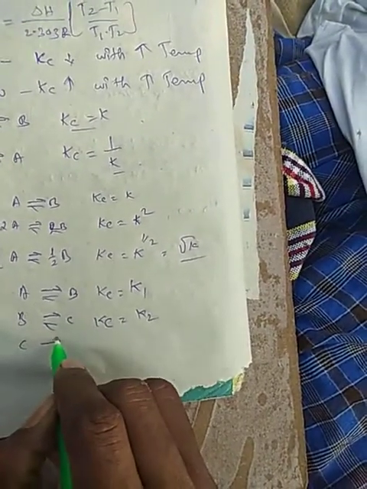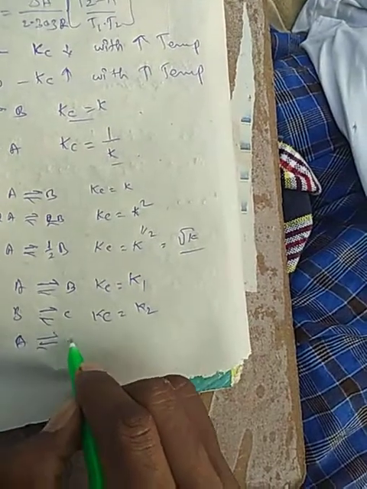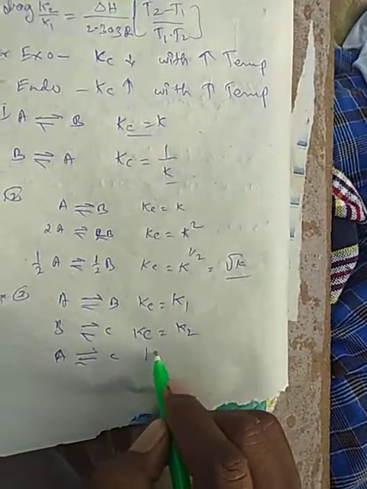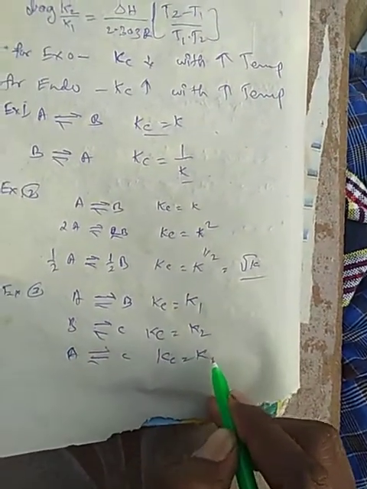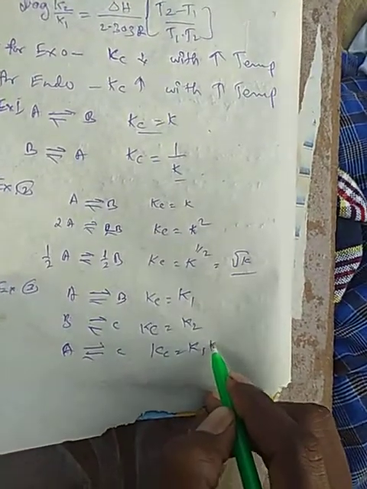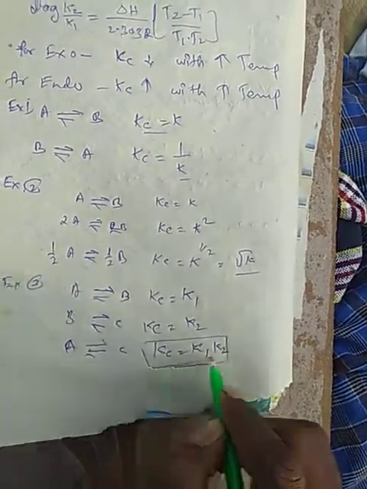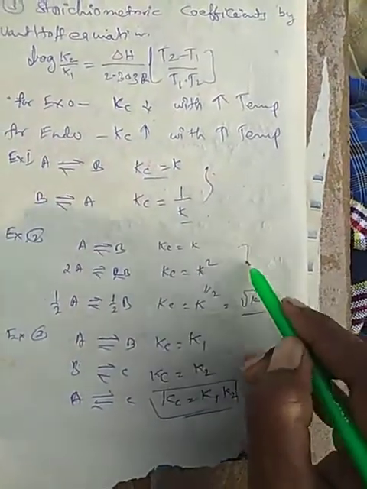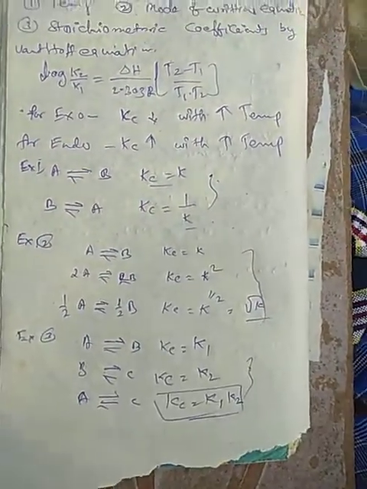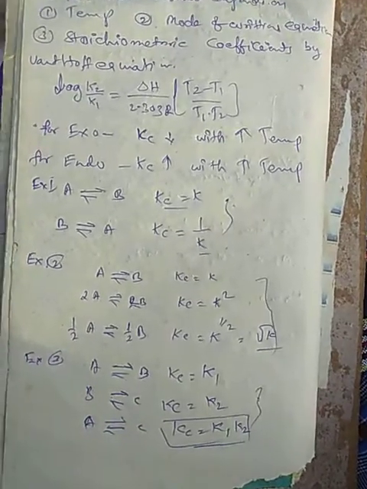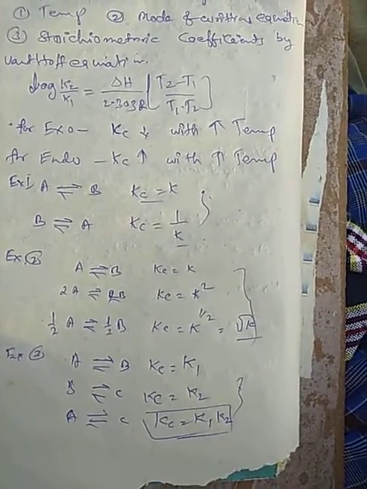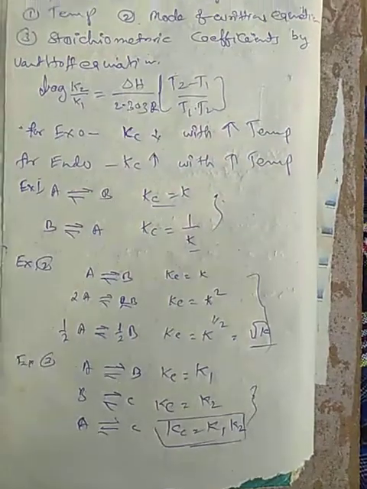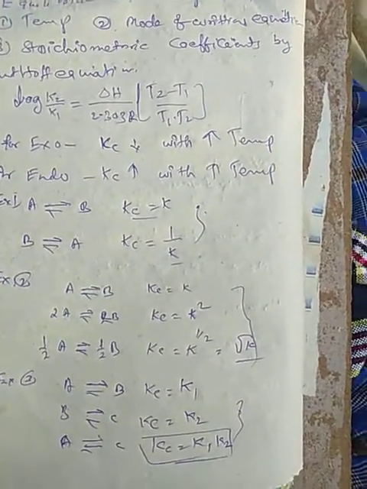Now A at equilibrium with C, then Kc is equal to K1 into K2. These are the three very important relations: first relation, second relation, and third relation. These types of questions have been asked many times in previous exams, so these relations are important from the exam point of view.